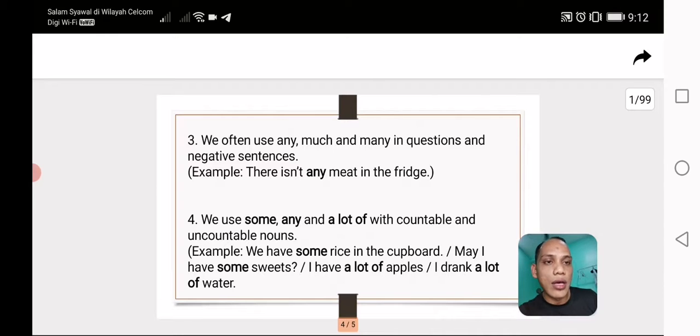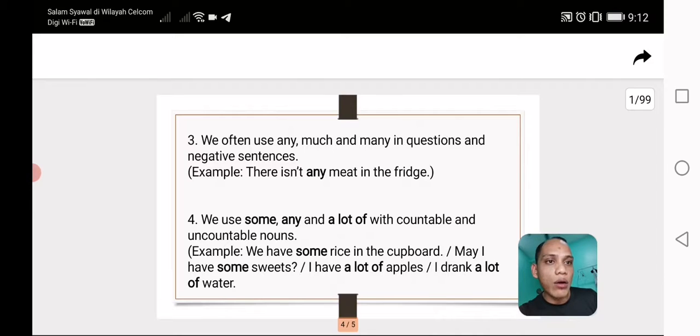Example number 2. May I have some sweets? Bolehkah saya minta sedikit gula-gula? Alright. So sweets tu boleh dikira. Kita boleh juga pakai some. Any, I just explained before.